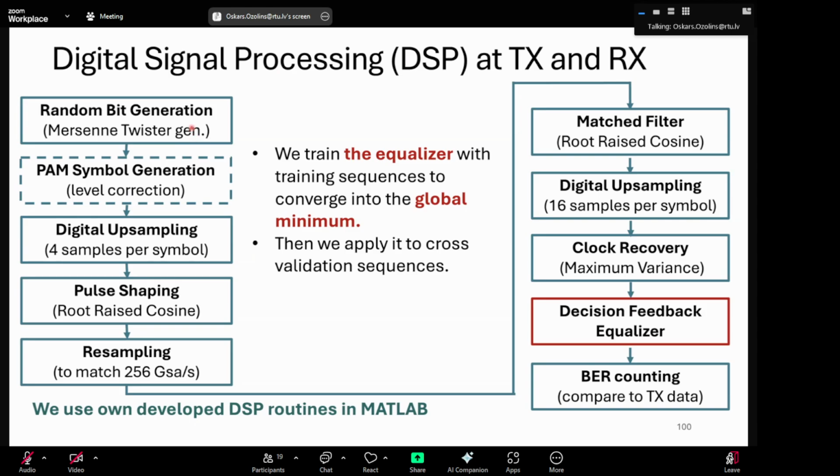Depending on what you use on the transmitter, you need to use similar processing on the receiver side, which goes, for example, for these pulse shaping filters. You want to match these pulse shaping filters, transmitter and receiver. But the problem is that if you have a bandwidth limitation in this green line here, then you cannot get the matched filter ideally, because the pulse shape of the signal which comes in is different.